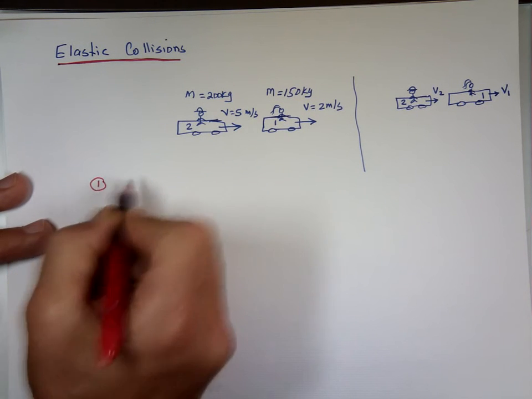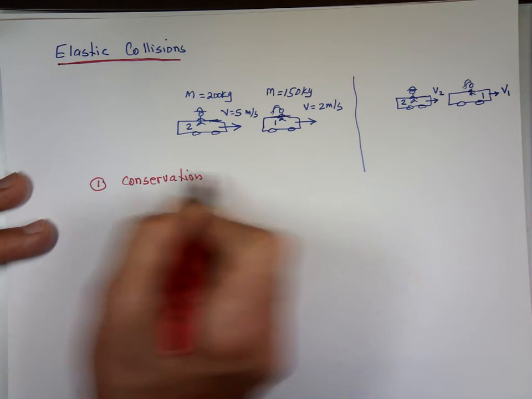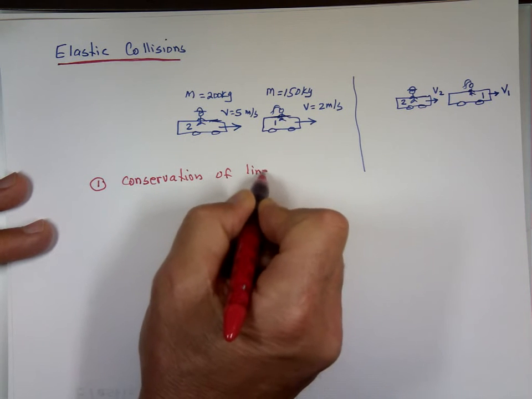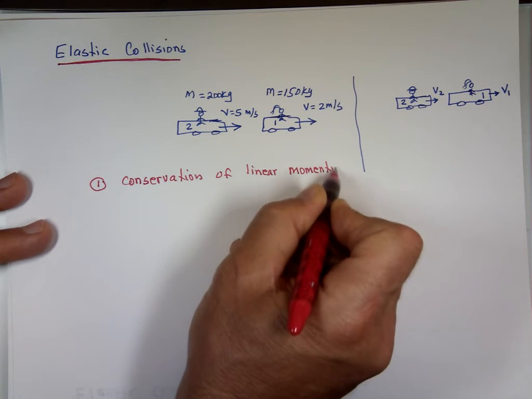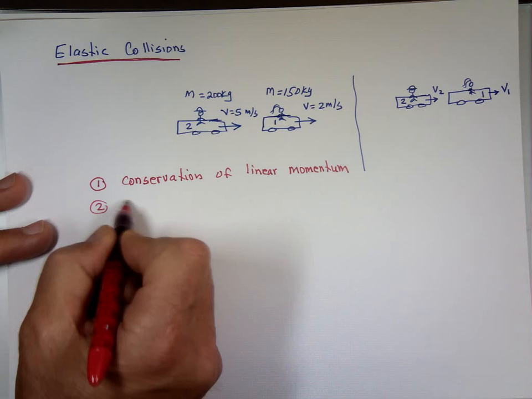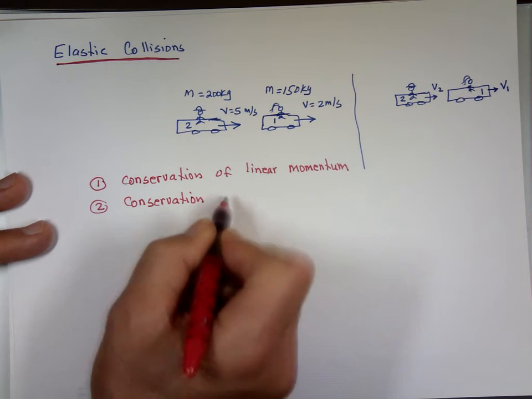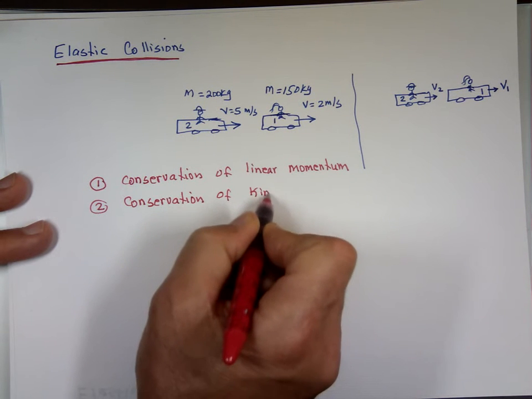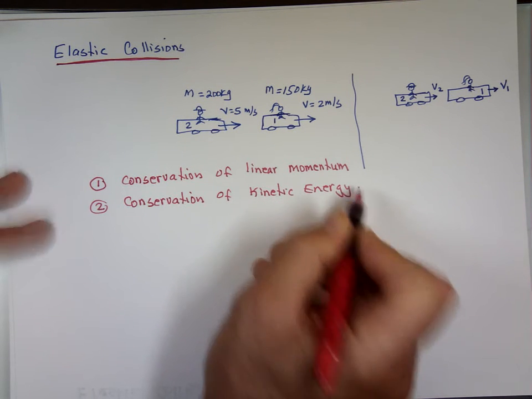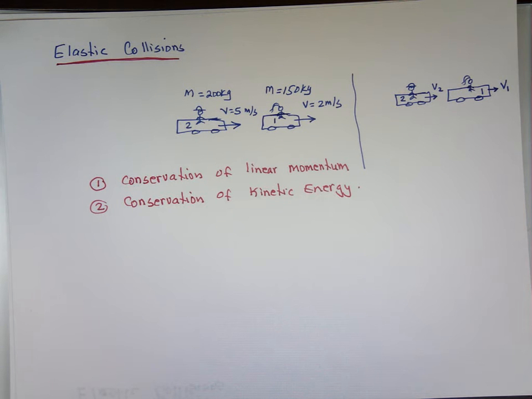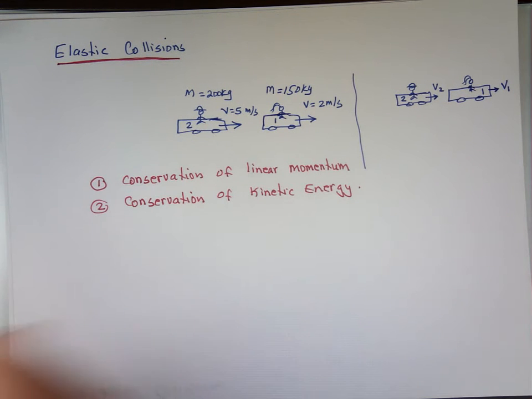We have two conditions: conservation of linear momentum and the second condition, conservation of kinetic energy. With inelastic collision, we do not have conservation of kinetic energy, only conservation of linear momentum.